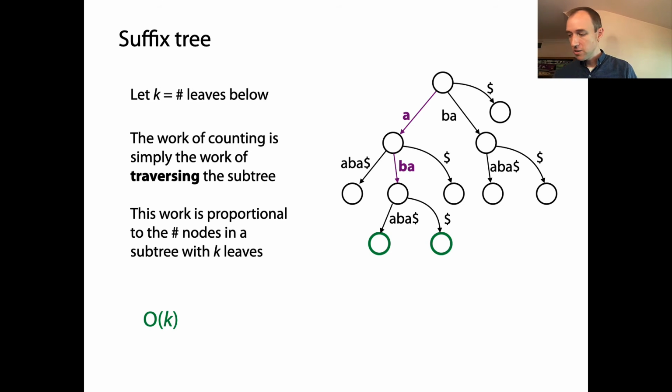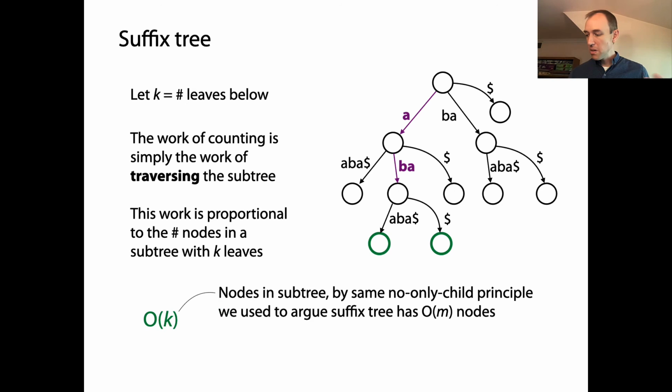That subtree has k leaves, and the total number of nodes in it consists of the leaves and the non-leaves. We can use the same no-only-child principle that we used before to argue that if the number of leaves is k, or m, then the number of non-leaves has to be at most k minus 1, or m minus 1.